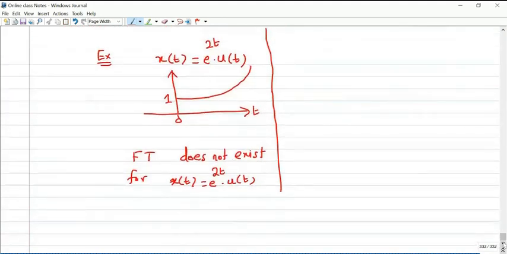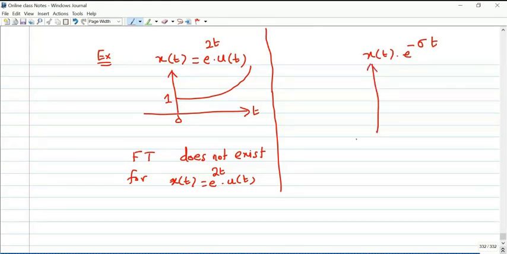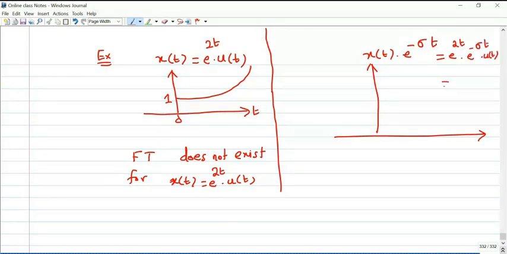So if you multiply this signal with e power minus sigma t, this is nothing but e power 2t dot e power minus sigma t dot u of t. So e power 2 minus sigma t dot u of t.